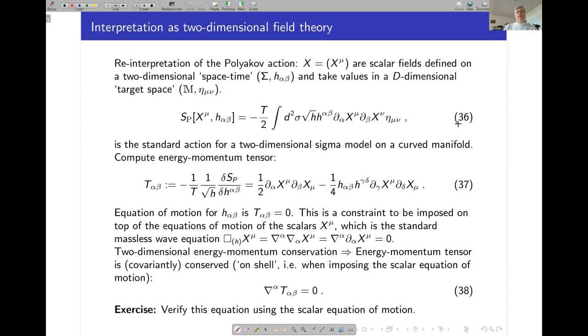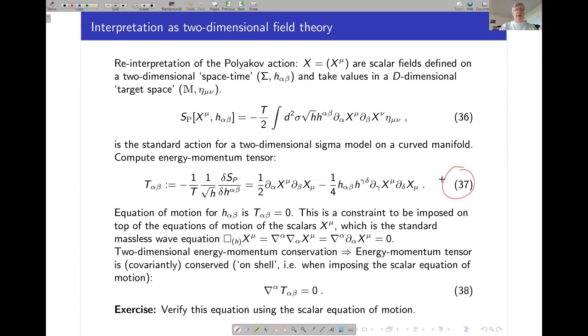The Polyakov action has the advantage that we can switch the perspective and read it as an action for a 2-dimensional field theory, where we have scalar fields living on our worldsheet manifold sigma, who just happen to have a target space which is d-dimensional Minkowski space. In this context, we looked at the energy momentum tensor of this 2-dimensional field theory, which is worked out in equation 37.